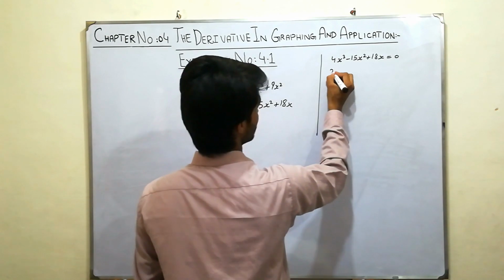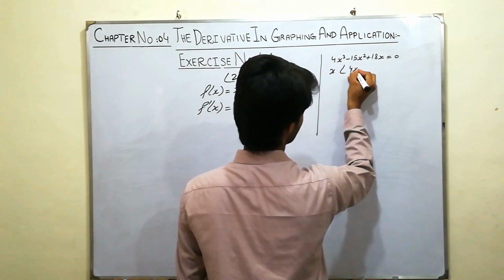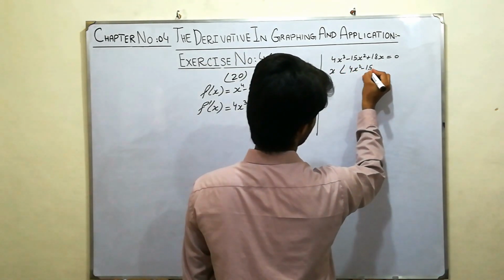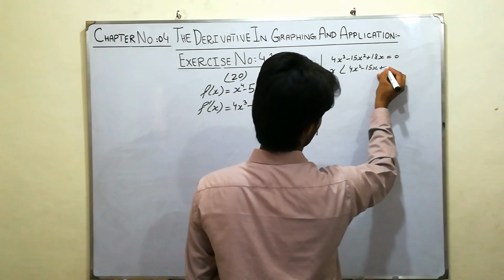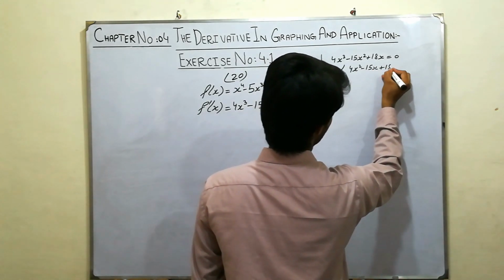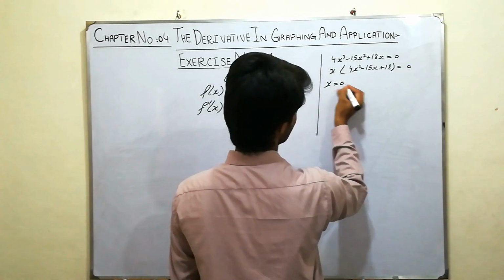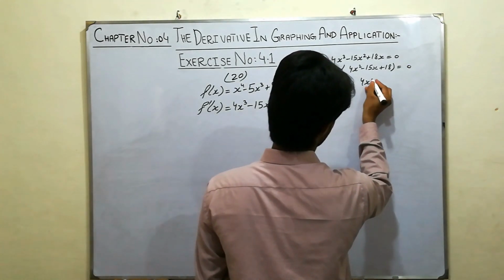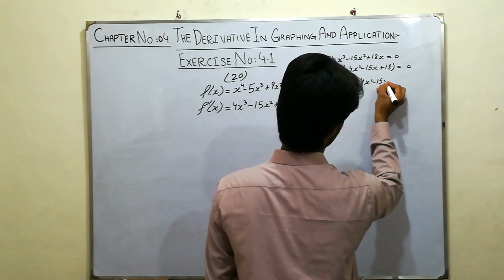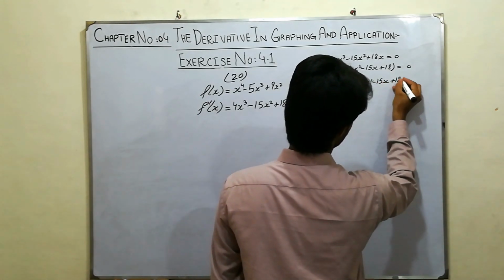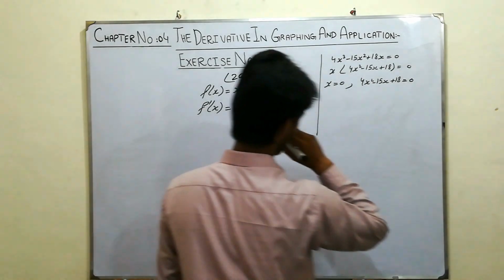Take x common, so we have x times 4x squared minus 15x plus 18 is equal to 0, so x is equal to 0 and 4x squared minus 15x plus 18 is equal to 0.